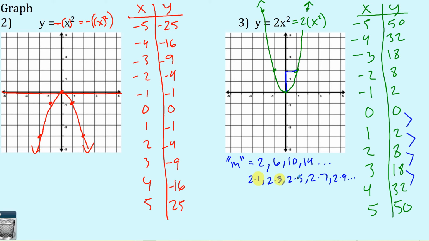Remember, the slope was 1, 3, 5, 7, 9, and so on. Well, notice what we multiplied by. A was 2. So now our slopes, our odds, get multiplied by that A value, and then it's easy to graph.